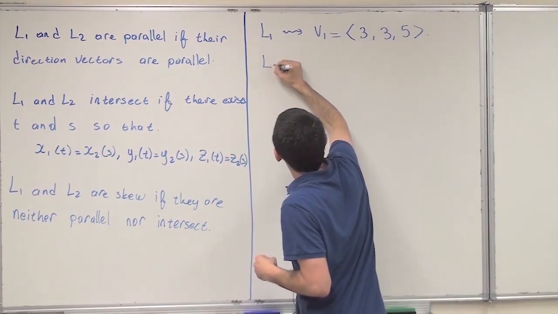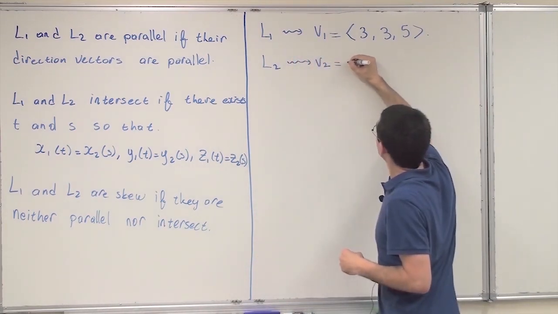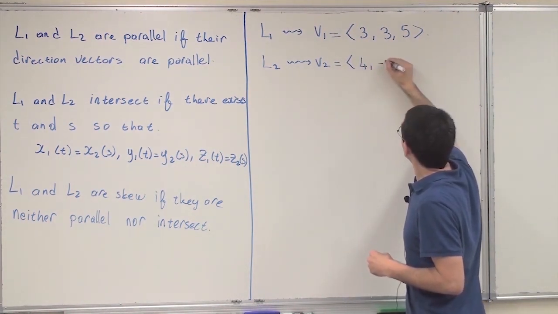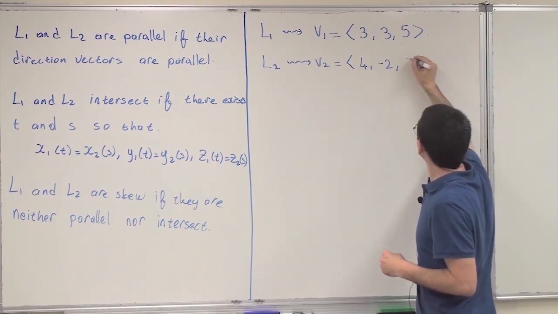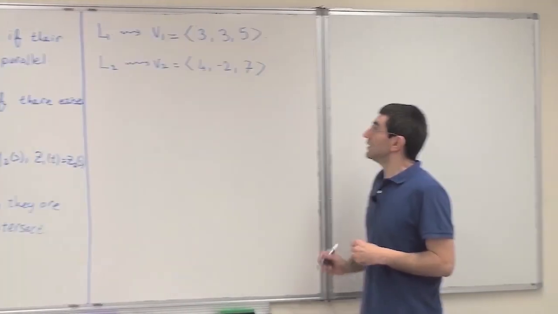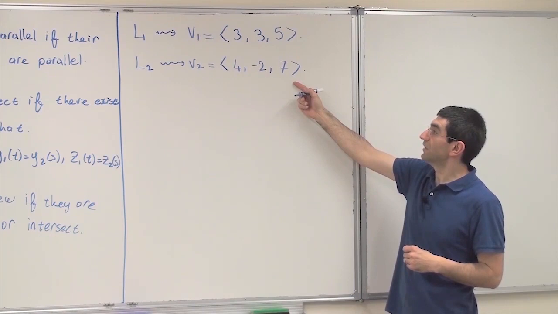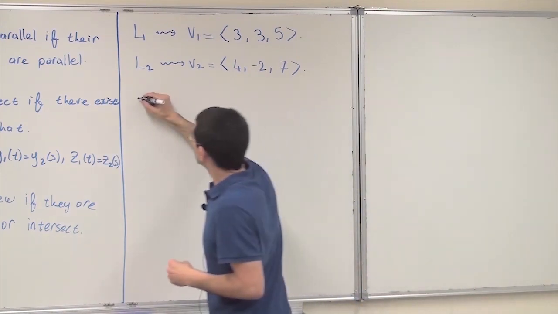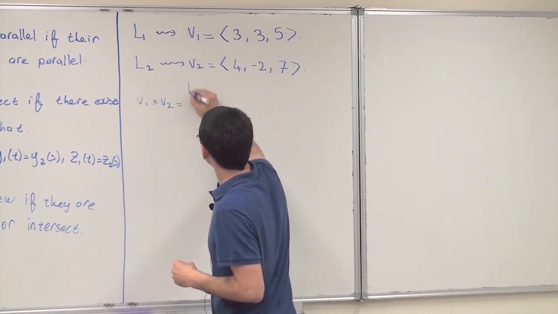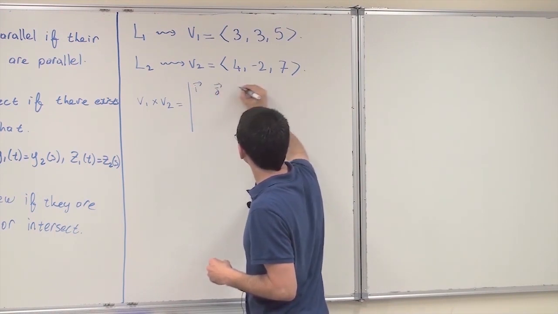Now, for the direction vector of the line L2, we have 4, -2, and 7. To check whether they are parallel or not, we need to check their cross product, which I'm going to calculate using the determinant.